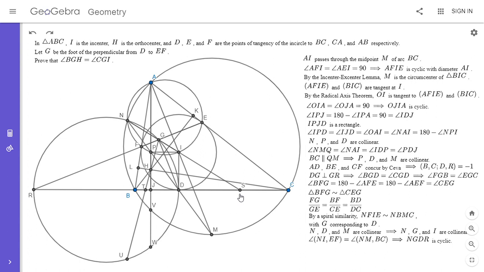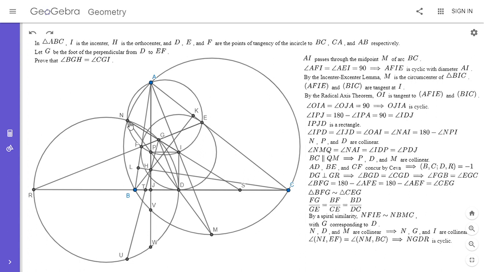So here's where it starts to get interesting. That's the same as showing that T, S, D, and R are in harmonic conjugation. And that would be the same as also showing that ND bisects angle TNS. Some of you may know about Apollonius circles, so you may recognize this.